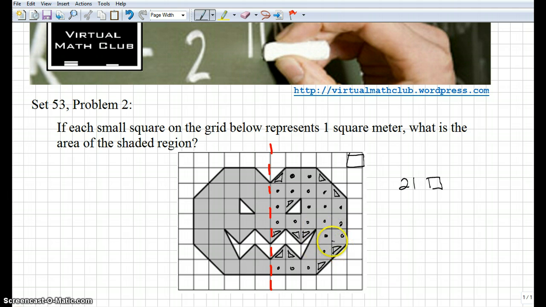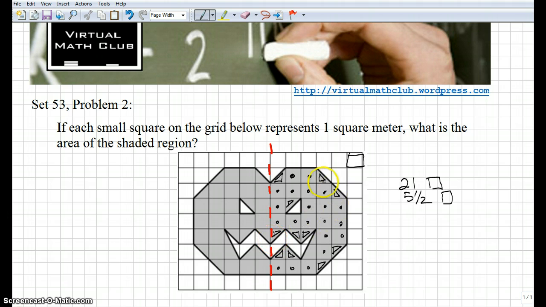So I have 11 half squares. When I divide by 2, 11 divided by 2 is 5 1/2 full squares, because any 2 half squares make a full square.